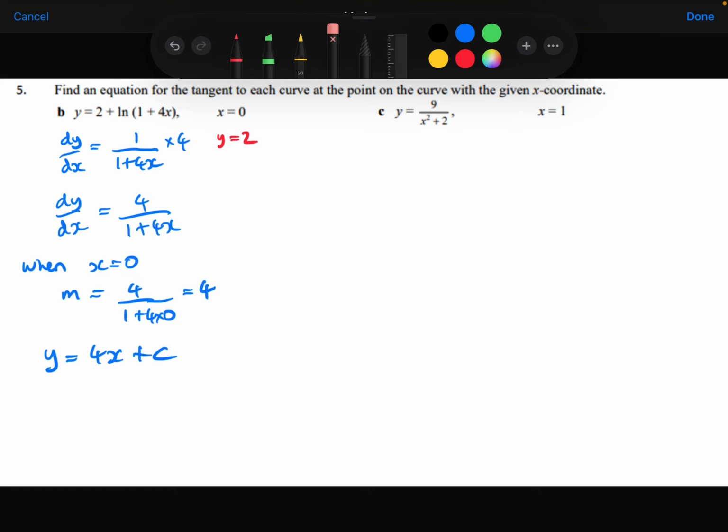So if I substitute the coordinate (0, 2) down here, I find that the y-intercept is just 2, and therefore the equation of the tangent is y equals 4x plus 2.